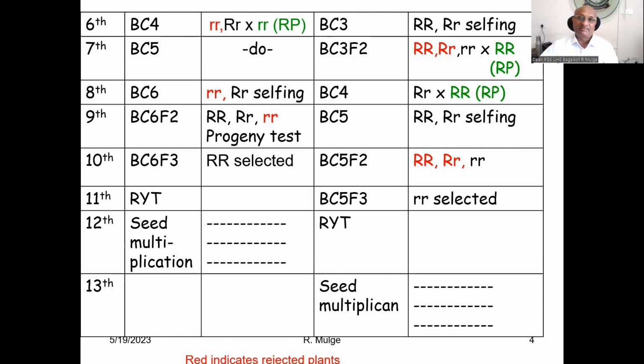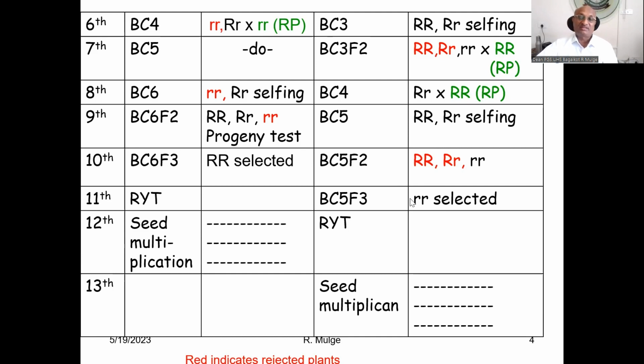By modified backcross breeding, even in the 12th generation, you have got only 5 backcross generations. Whereas here, even in the 10th, 11th generation itself, you have got 6 backcross generations. So that means you can save time here.